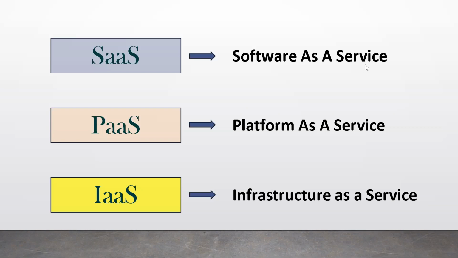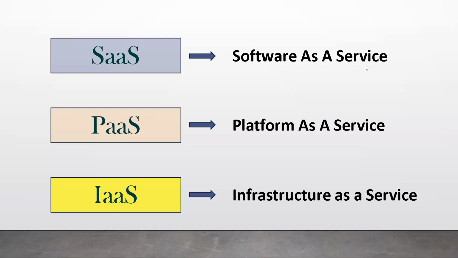So SaaS provides you with a fully functional software application over the internet. You don't need to worry about the underlying infrastructure or software maintenance. You simply use the application only. Some examples of SaaS are SAP Concur, SAP Ariba, and SAP S/4HANA Public Cloud. These are the examples of SaaS.